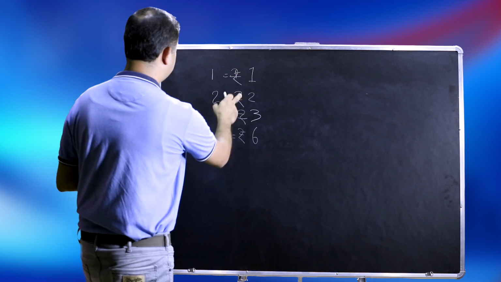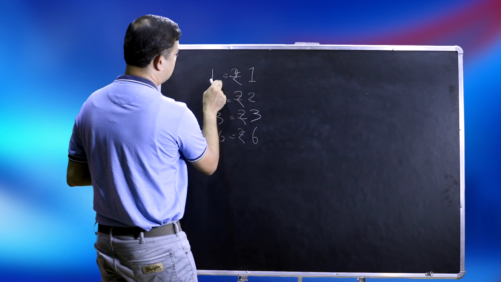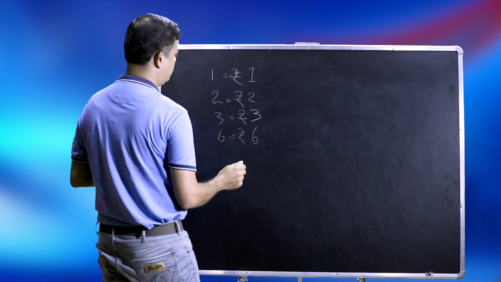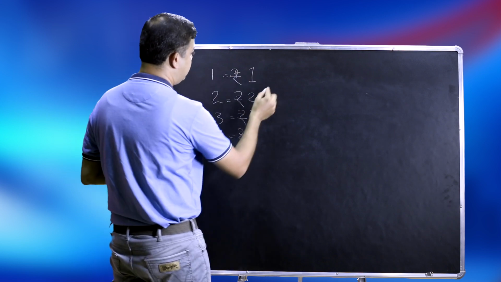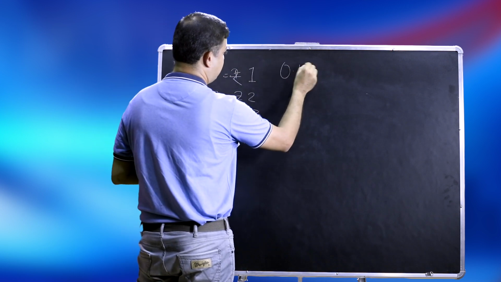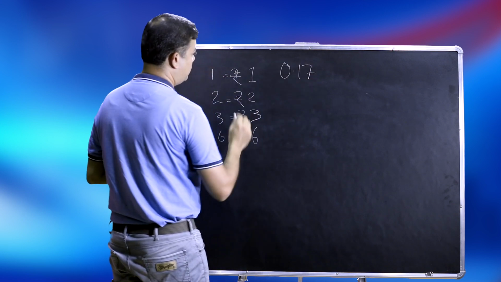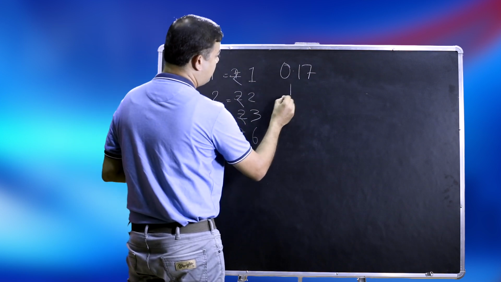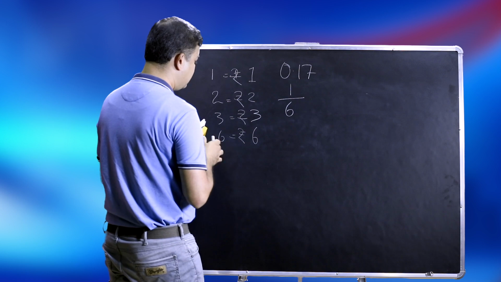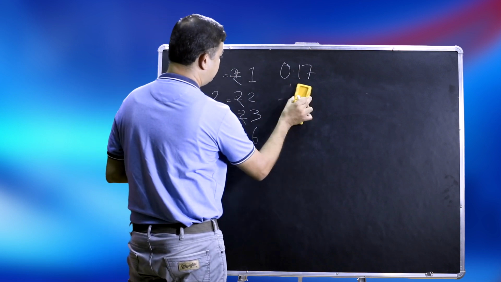To get 1 on the dice, what is the probability, multiplied with this amount? Each of these probabilities is basically 0.17. That we have already calculated. How did we calculate? There is only one way out of 6, so 1 by 6 is 0.17. That is the probability of each of these events.